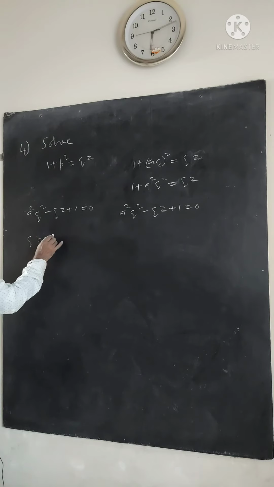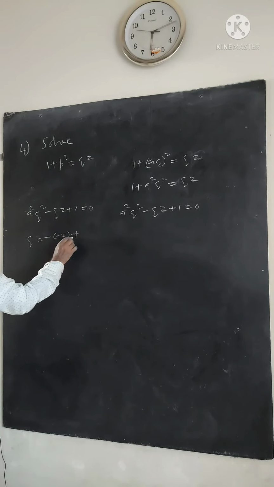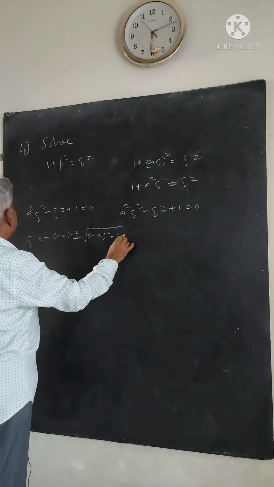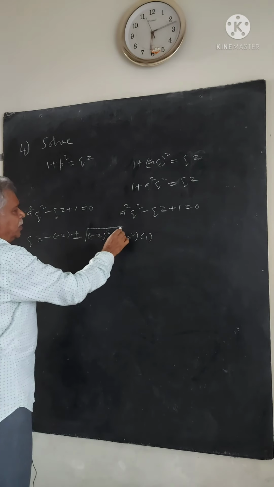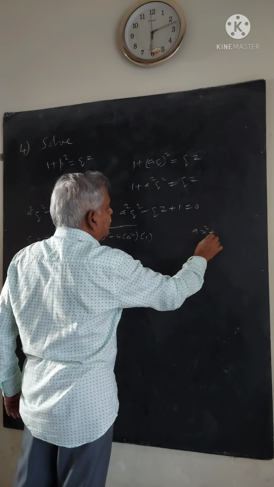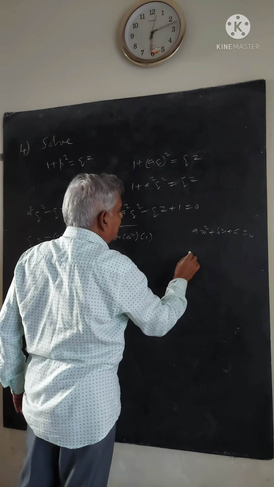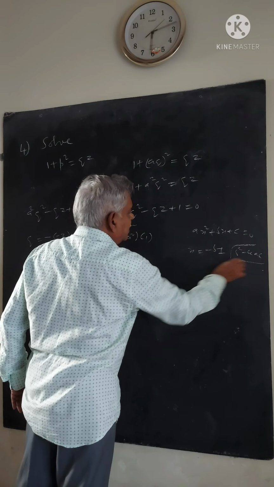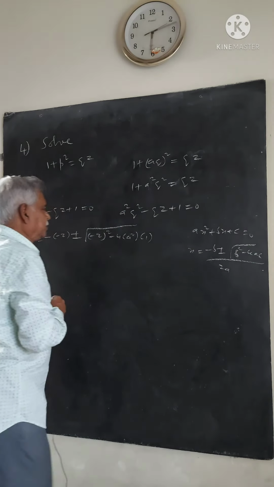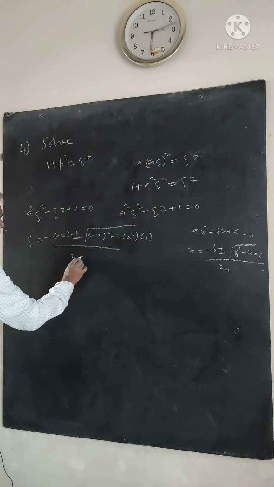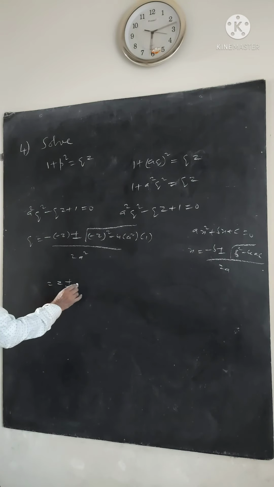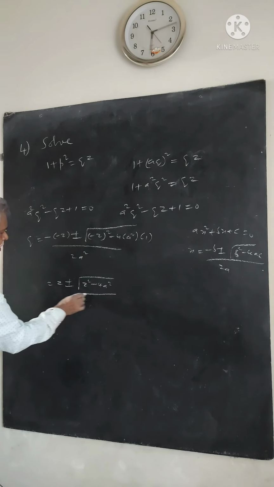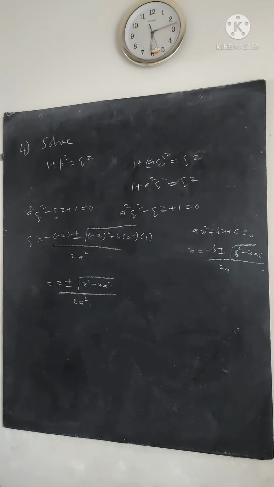Using the basic formula for ax square plus bx plus c, x equal to minus b plus or minus root of b square minus 4ac by 2a, where a is a square, b is minus z, c is 1, q equals z plus or minus root of z square minus 4a square by 2a square.